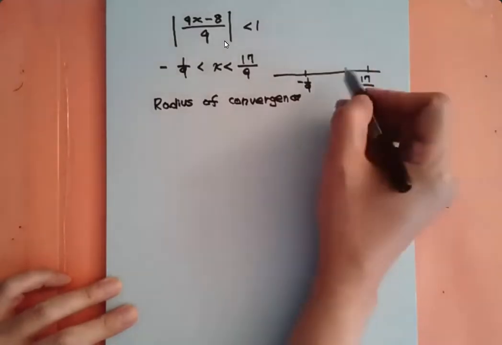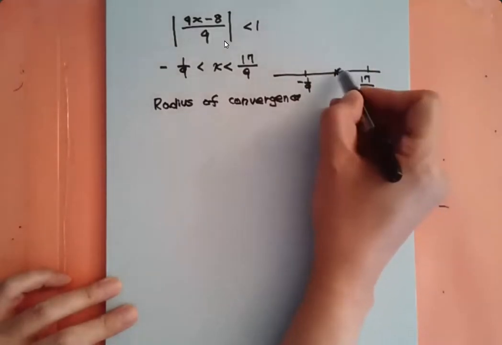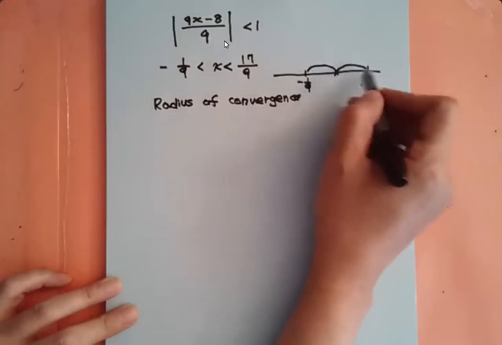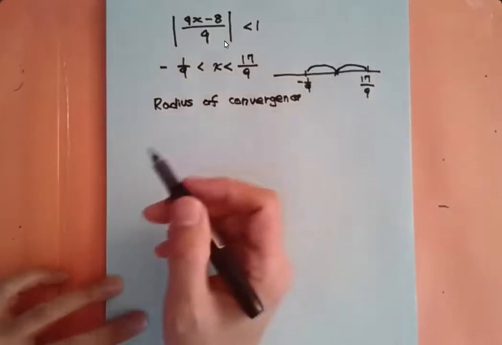When we think about the radius of convergence, it is the difference between these numbers divided by 2, because the midpoint should be in the middle. So this is negative 1/9 and 17/9. There is a midpoint, and we go this way and this way. Those must be equal length.